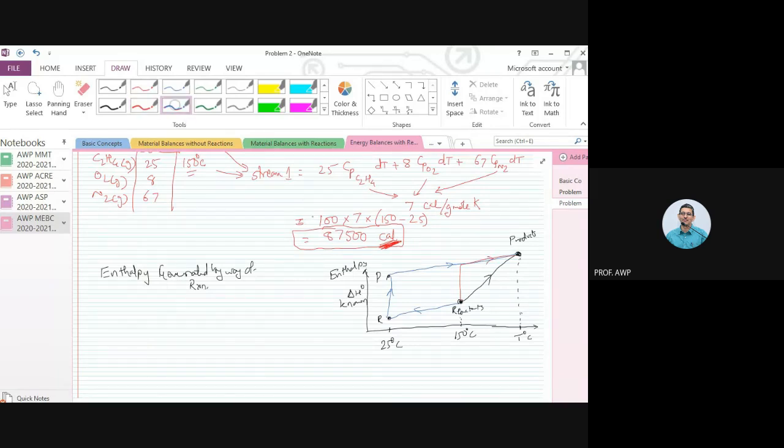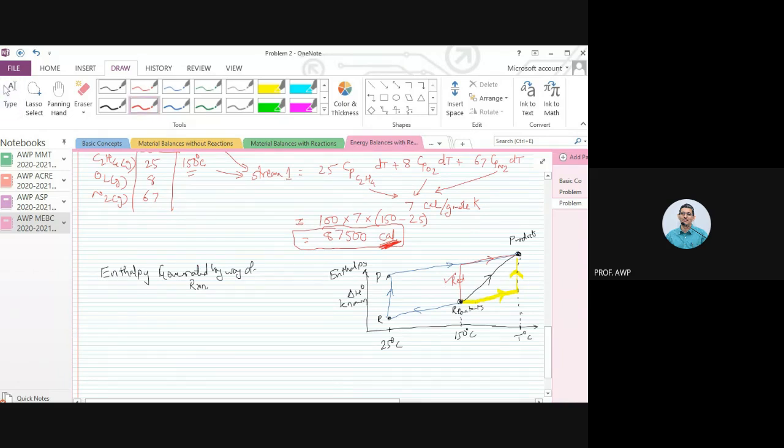Or we can say all the reactants get heated up. Let me take another color, maybe this. So reactants get heated up from this to T degrees centigrade and then the reactions happen at T degrees centigrade. Right? So let's just take this red path. It is always easy to think as if the reactions are happening at 150 degrees centigrade.